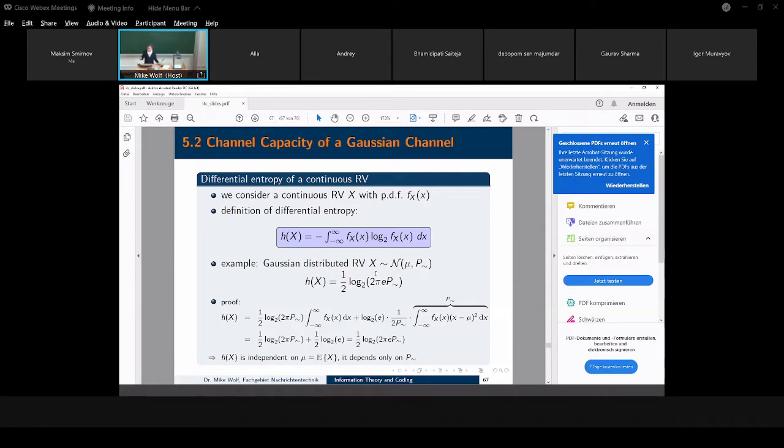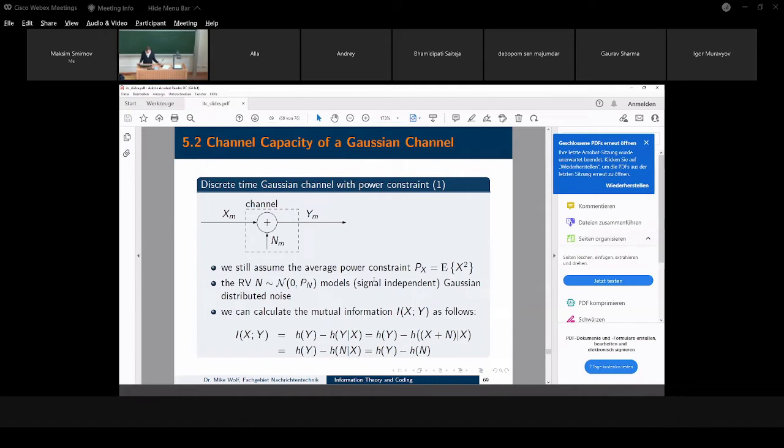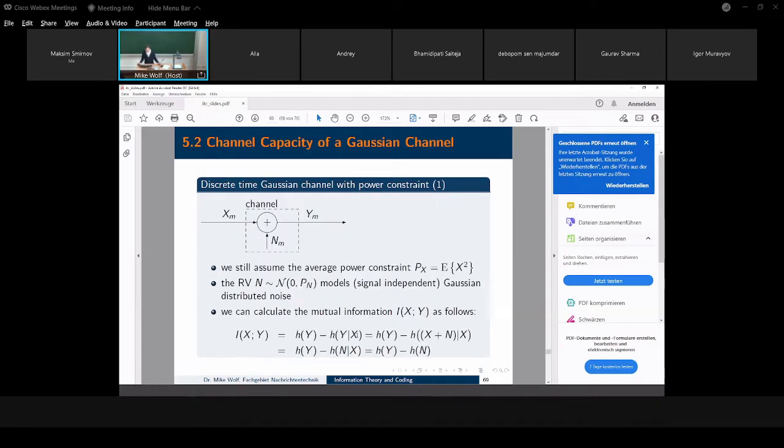And this has led us to the conclusion that we found the capacity per symbol of this discrete time Gaussian channel in the last seminar. We ended up in this expression here. You remember from the last seminar, 1/2 log 2 of 1 plus what we referred to as the signal to noise ratio. We can shortly write this down.